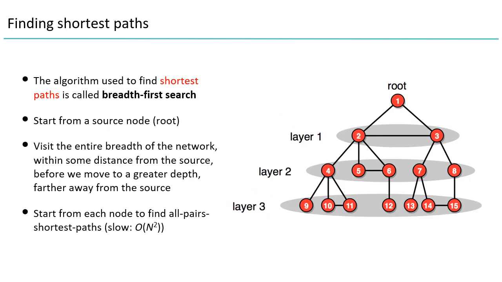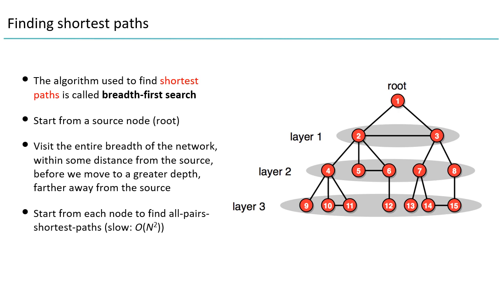There are many methods for finding the shortest path. The first one is called breadth first search. It starts from the source node, which is called the root node. Then you find its neighbors, and the first node is indicated as visited.